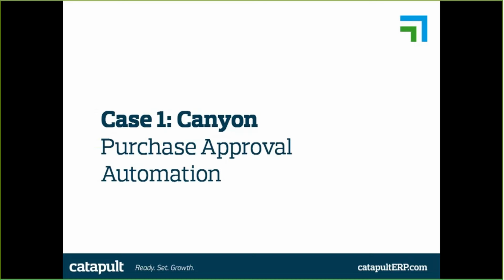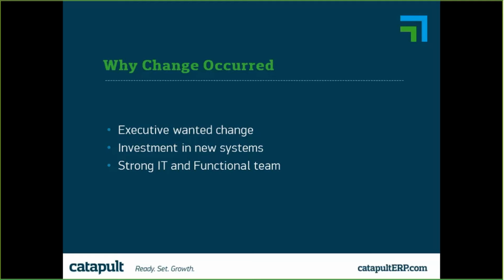So the first case that we're going to look at is Canyon Technical Services. When we came into Canyon Technical Services, as I had mentioned before, they were growing incredibly rapidly. They had essentially the typical grassroots processes of, oh no, just let Bill go do the ordering and we won't really worry about it.